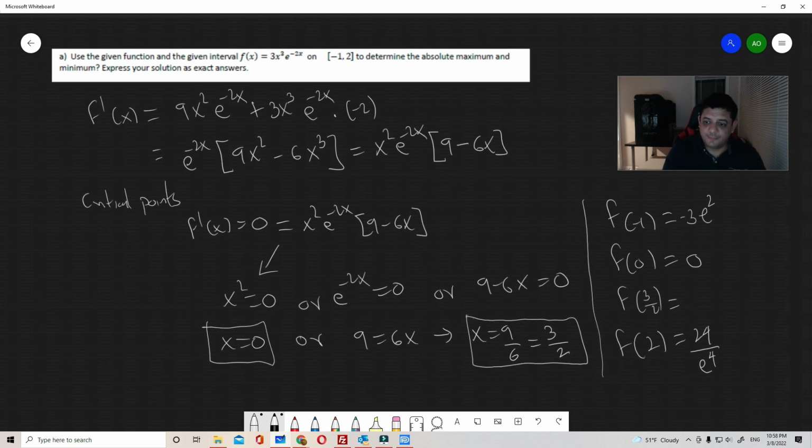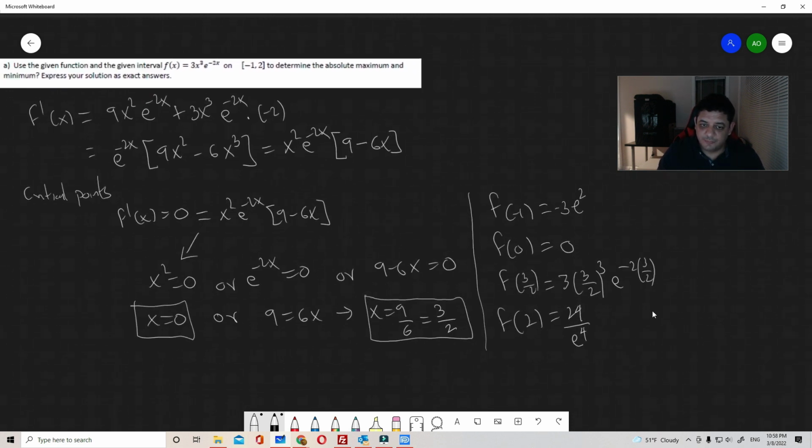And so that'll be 3 times (3/2) cubed times e to the -2 times 3/2. So we can do a little bit of algebra in there to figure out what this number is going to be.